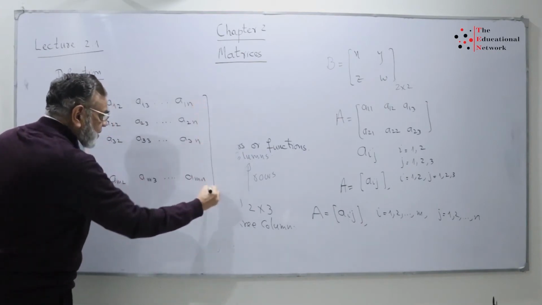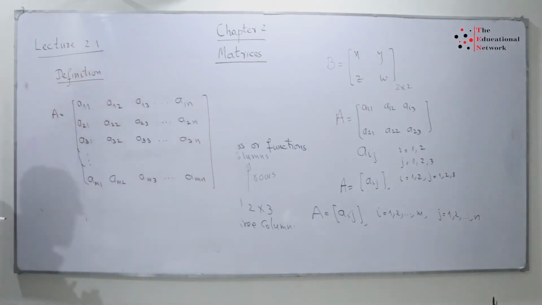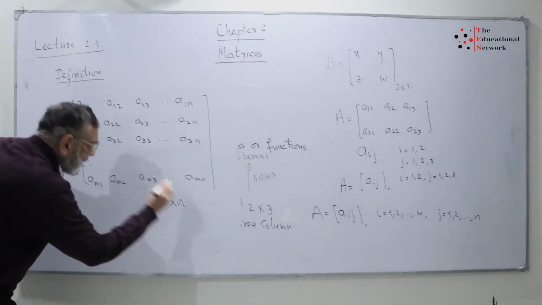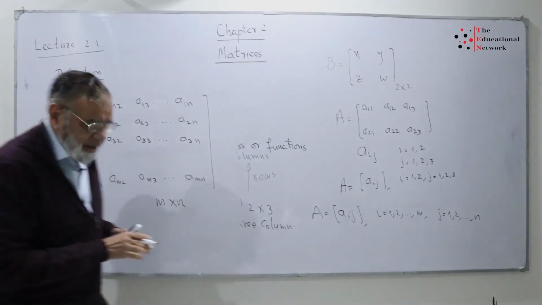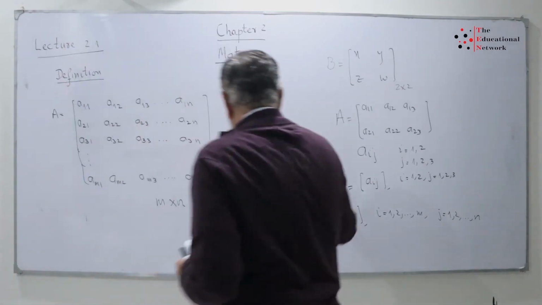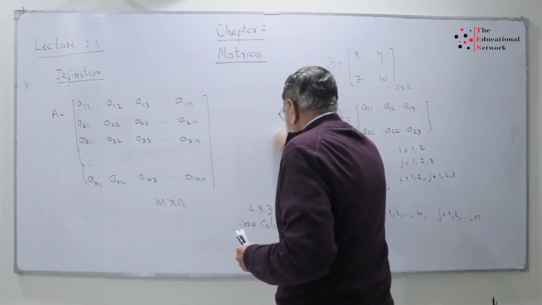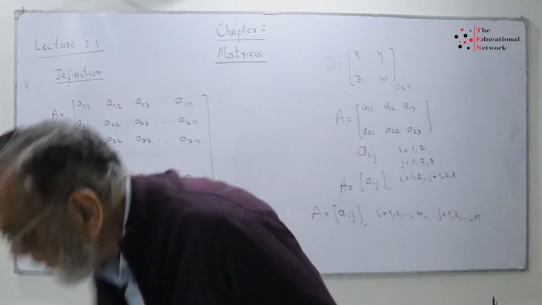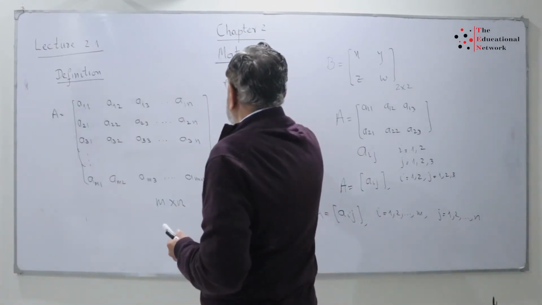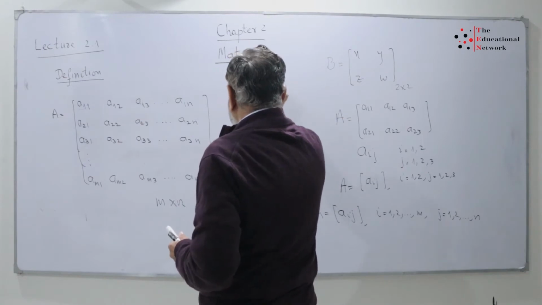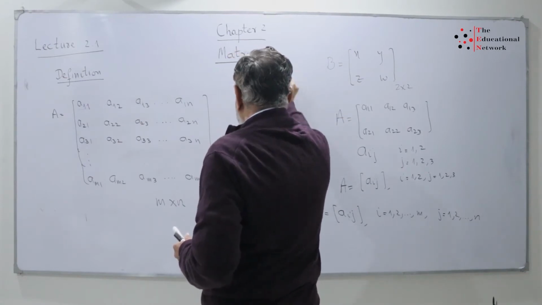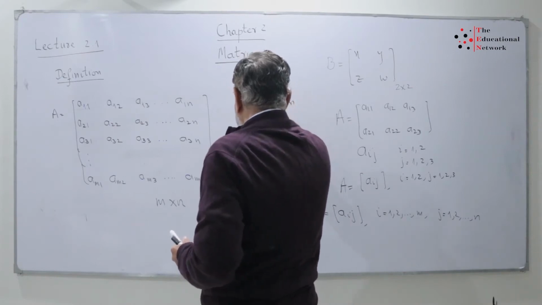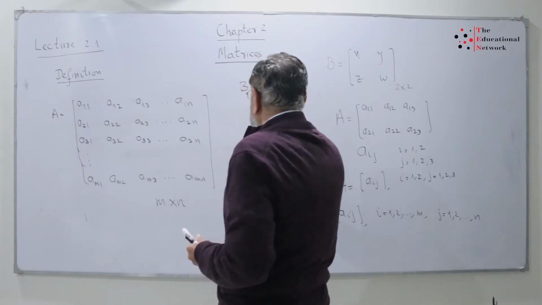So we can write the general form of a matrix like this one, having m rows, m by n. As I mentioned, if our rows are equal to columns, so i equal to j, when I have matrix B equal to Aij, where i is from 1 to n and j is from 1 to n, we call it a square matrix.